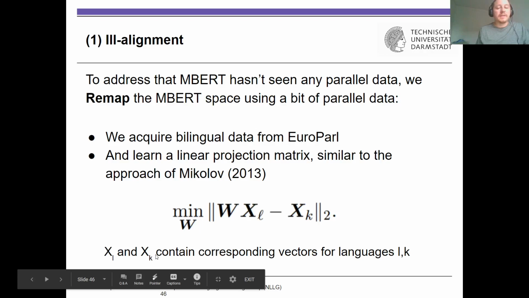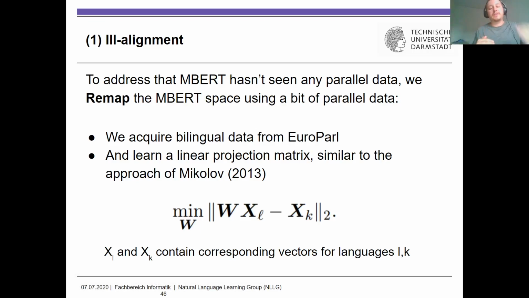The vectors X_l and X_k are in two different languages, like German and English, and those vectors correspond to each other. So you have the vector of Vater in German and father in English. They are in the same row of the respective matrices, right?